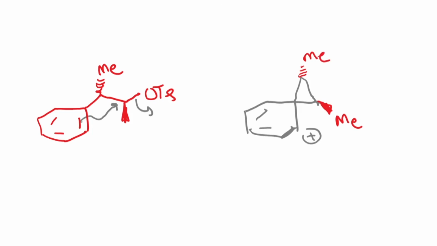Okay, so the beauty about this compound is that if you actually rotate it along this plane, you will end up with the same compound. And so this is highly symmetrical. And now the attack of the nucleophile, HOAc, can occur from the top face or from the bottom face.